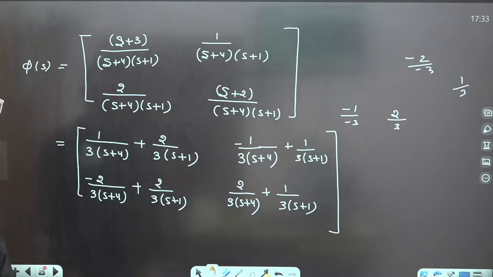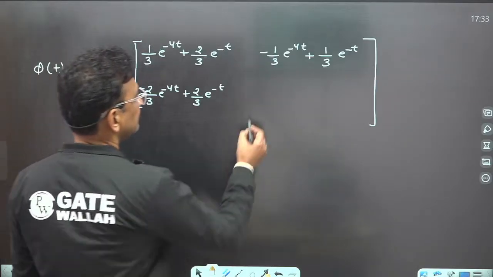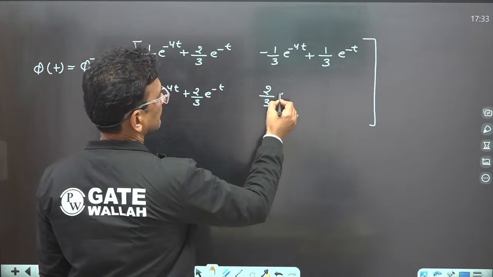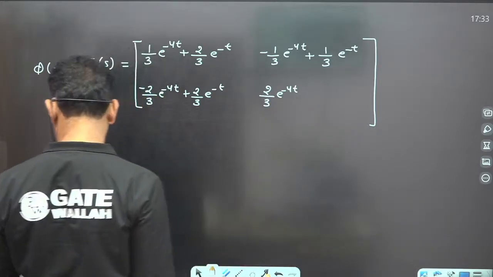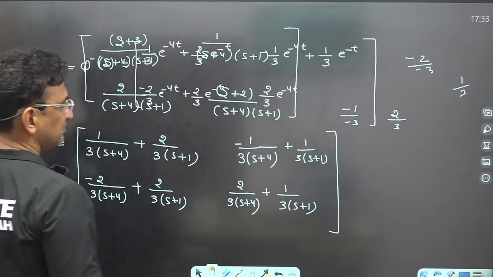It is again 2 upon 3 e raised to the power minus 4t, and 1 upon 3 e raised to the power minus t.